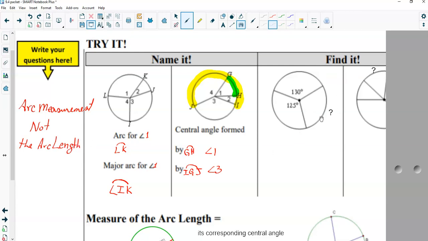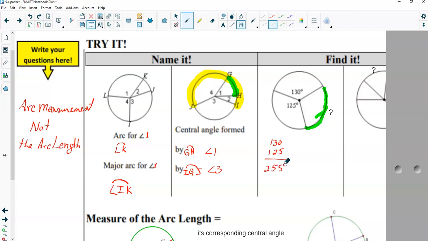So here, find the arc measurement. If we're looking for this arc measurement, we're looking for the measurement of this arc right here. Well, we know that a circle is 360 degrees. So we could take these two central angles that they gave us. That's 130 degrees plus 125 degrees. That gives us 255.